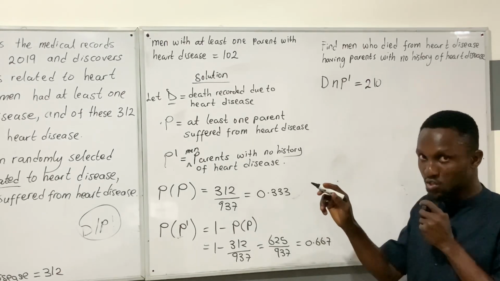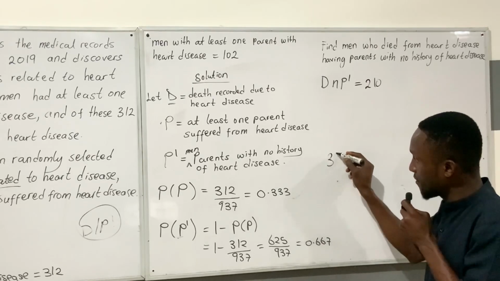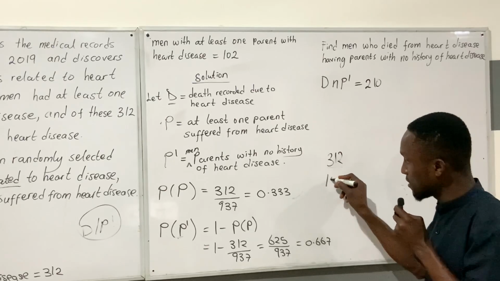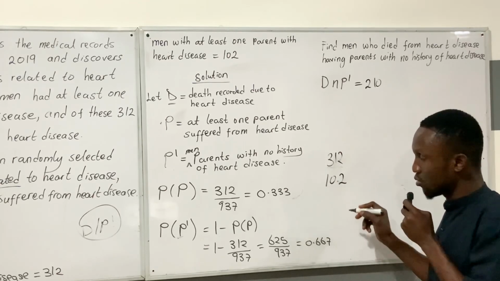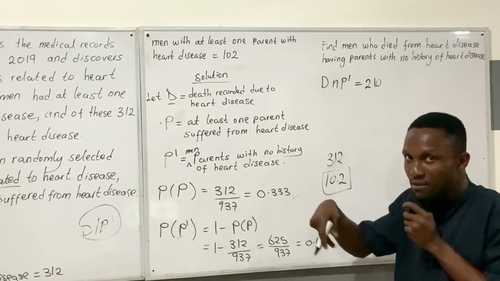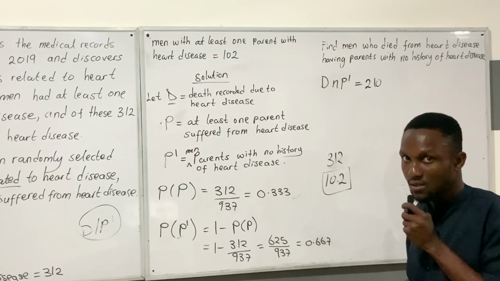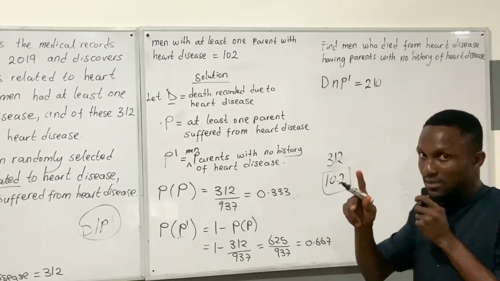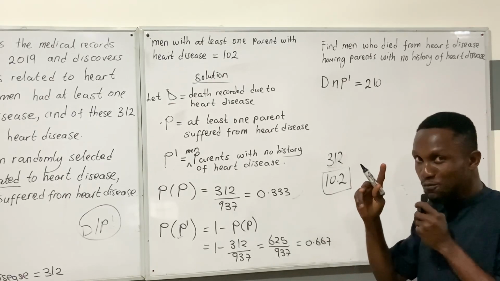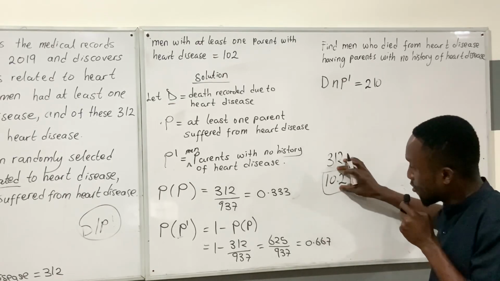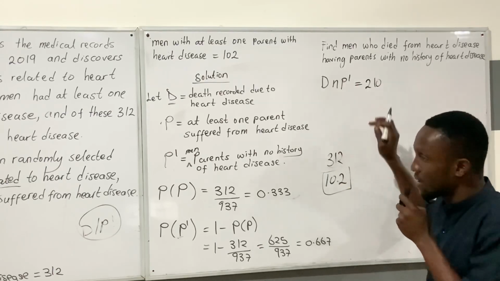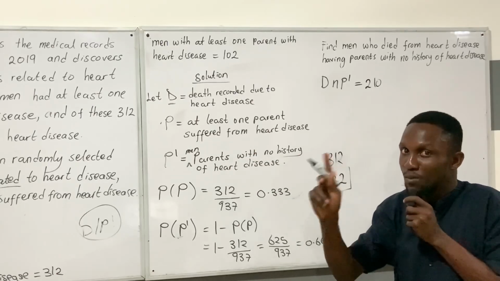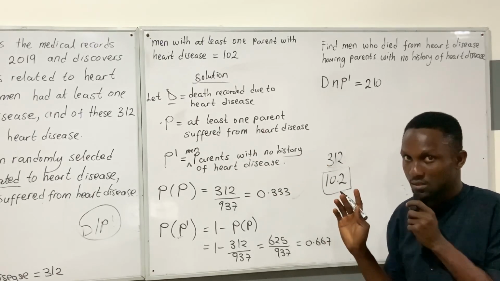So now watch. The question said we have 312 men. Out of this 312, 102 of them died, having parents with history of what? Heart disease. But in total, 210 men died. Do you understand now? So if 210 men died in total, I will subtract this value from this 210. It will give me the number of men who died, but they have parents with no history of heart disease.